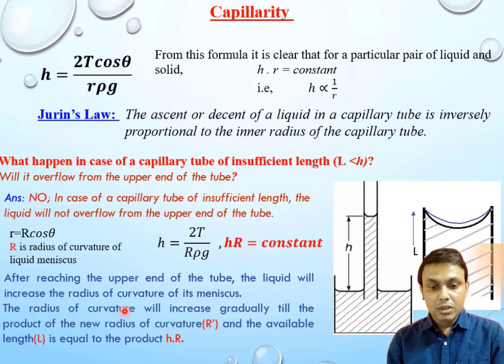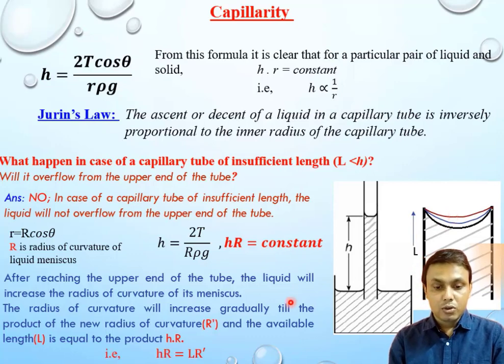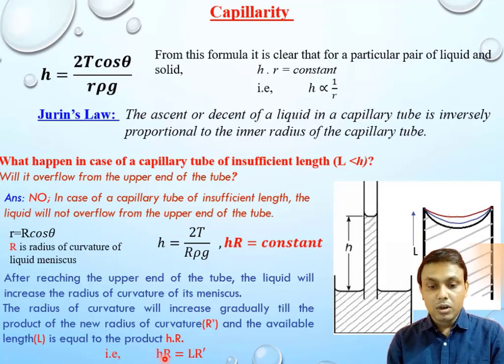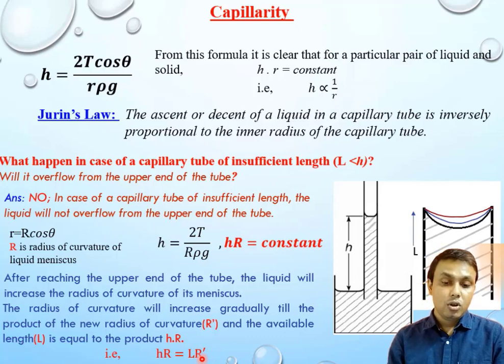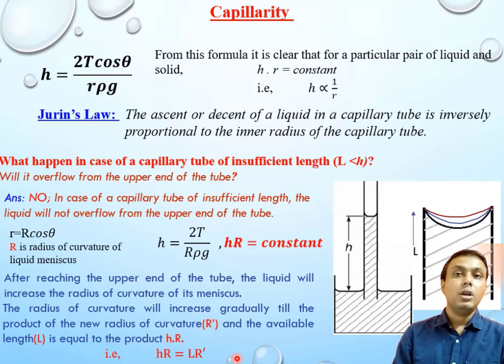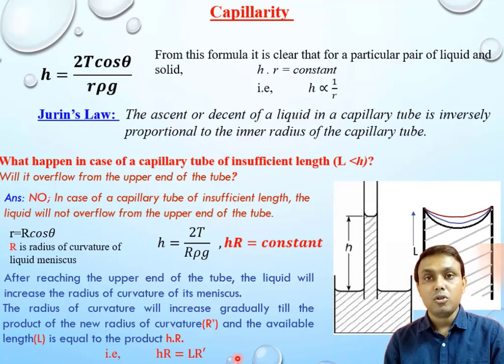The radius of curvature will increase gradually till the product of the new radius of curvature and the available length L is equal to the product H into R. That means this will again increase. And finally, when these two are equal, that means H into R equal to L into R prime, where R prime is the new radius of curvature of the liquid meniscus. So when the product becomes equal to the previous product, then the liquid will not rise up again. That will stop at that point.